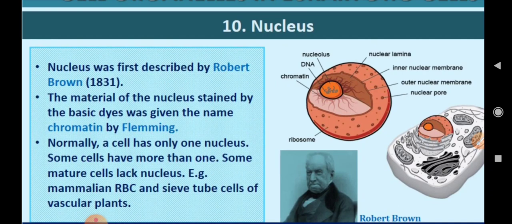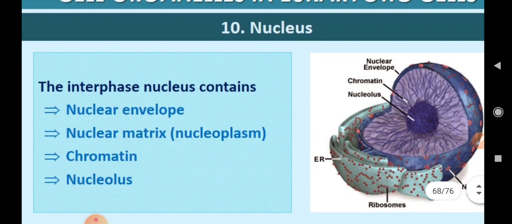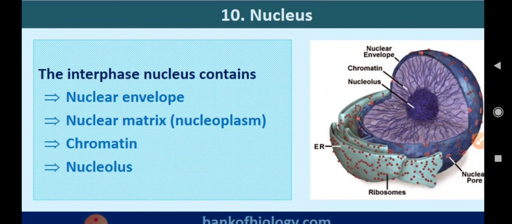Let's discuss the internal structure of the nucleus. The nucleus is covered by the nuclear envelope. It is filled with a matrix which is known as nucleoplasm.